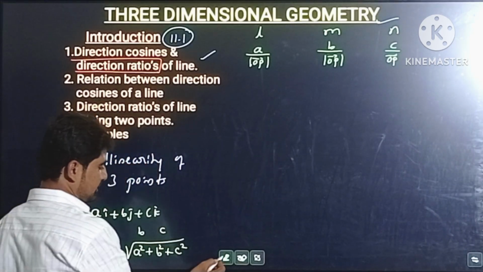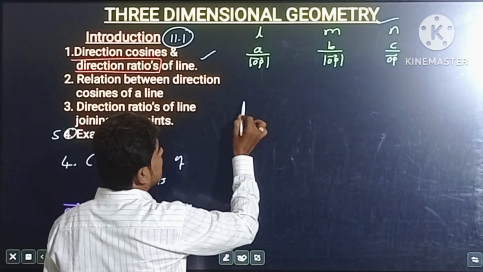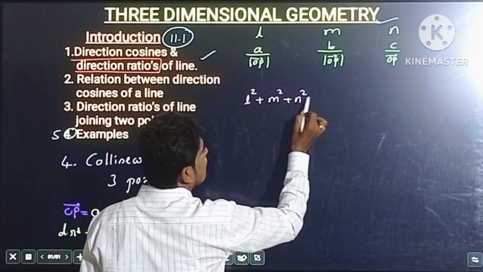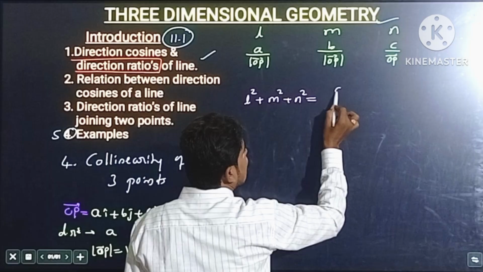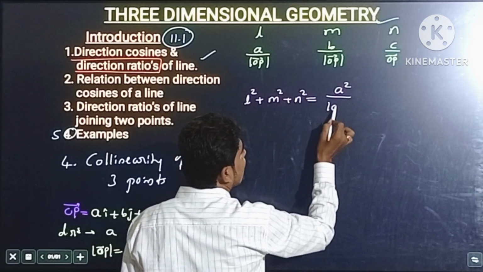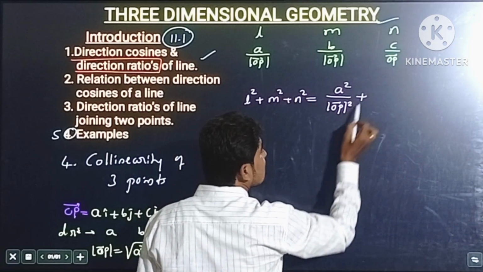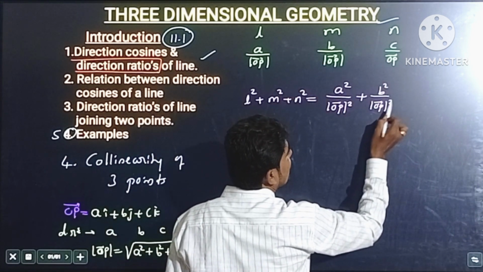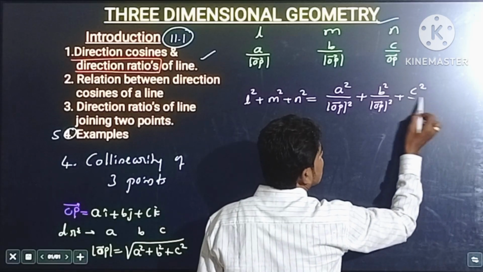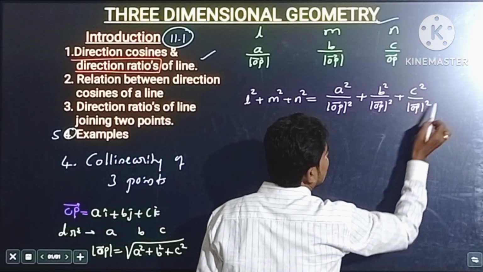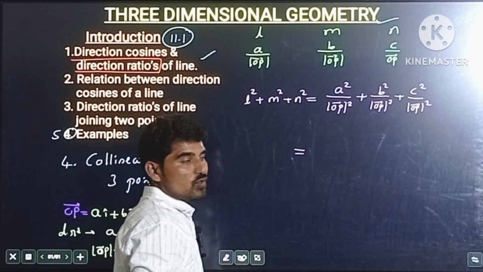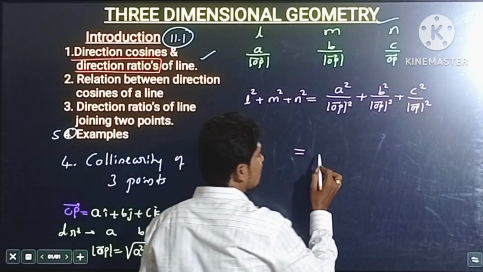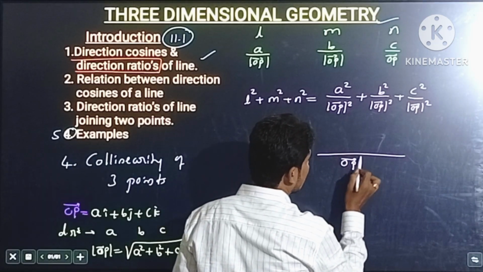Now here, if I consider L square plus M square plus N square, then definitely it is equal to A square divided by the magnitude of the vector OP square, plus M square, that is B square divided by the magnitude of the vector OP square, plus N square, that is C square divided by the magnitude of the vector OP square. So observe here, in the numerator only the magnitude of the vector OP square exists. Therefore the LCM is the magnitude of the vector OP square.